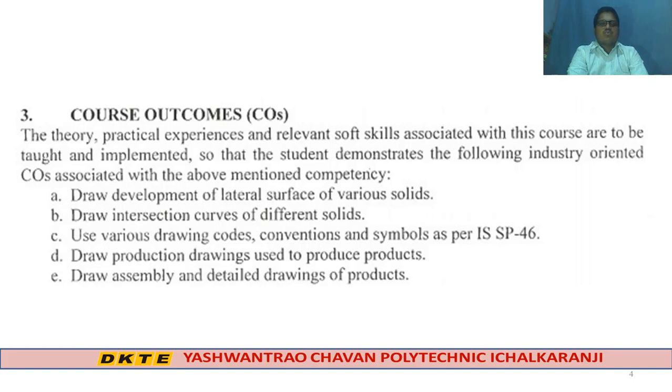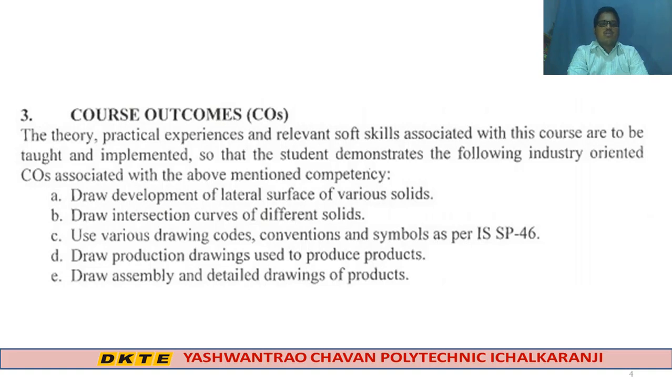This course has outcomes expected from the students after completion of the syllabus. The first is to draw the development of lateral surfaces of various solids. This CO corresponds to the first chapter.